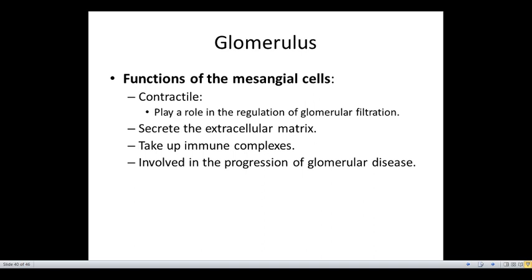The functions of the mesangial cells are the following. They are contractile and play a role in the regulation of glomerular filtration. They secrete the extracellular matrix. They can take up immune complexes, and they are involved in the progression of certain glomerular diseases.